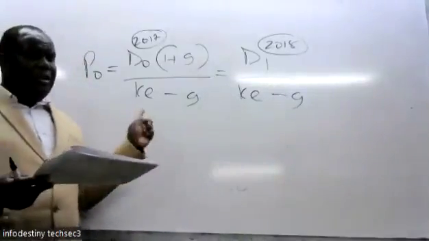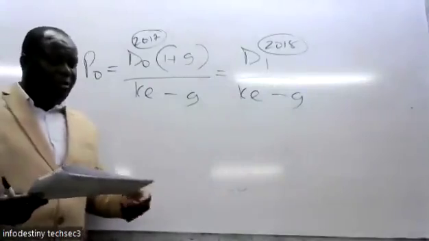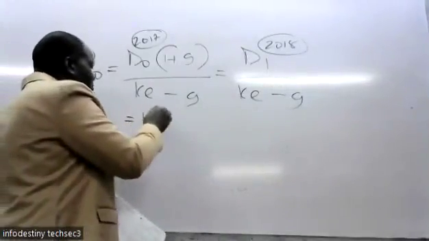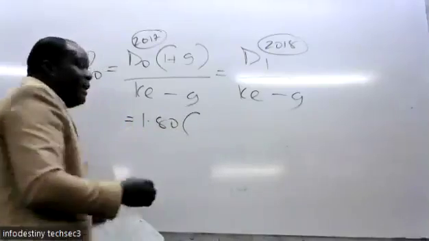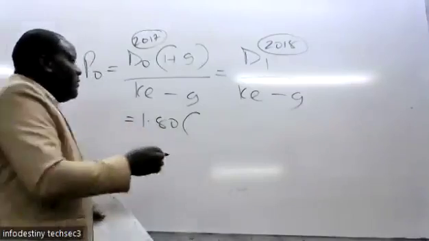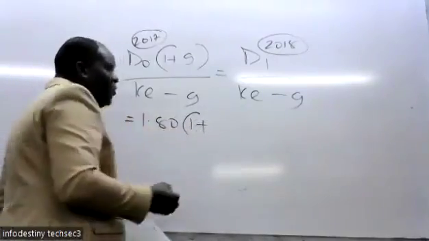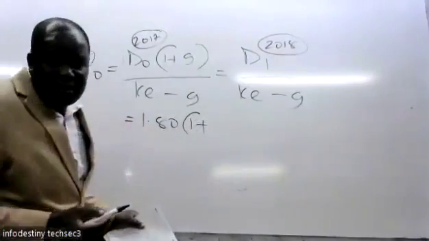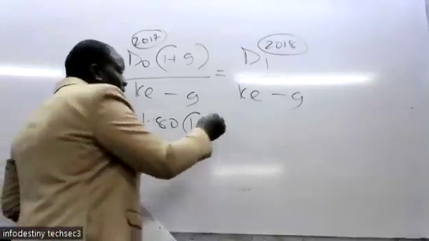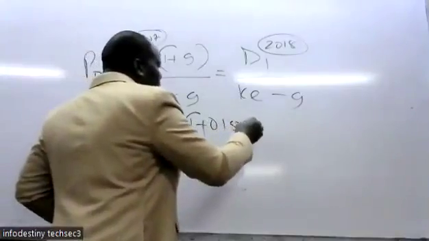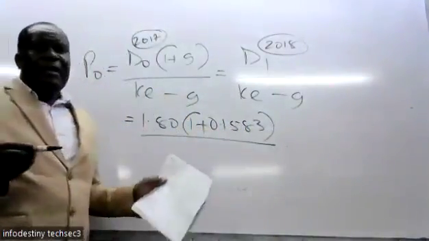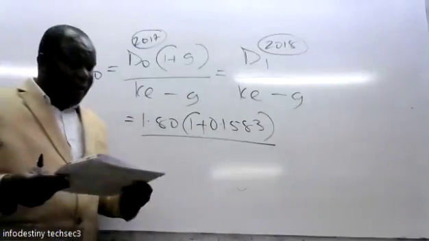So at this point, our D0 is 1.80. Then 1 plus G, where G is 15.83%, which is 0.1583. Then Ke is the cost of capital.